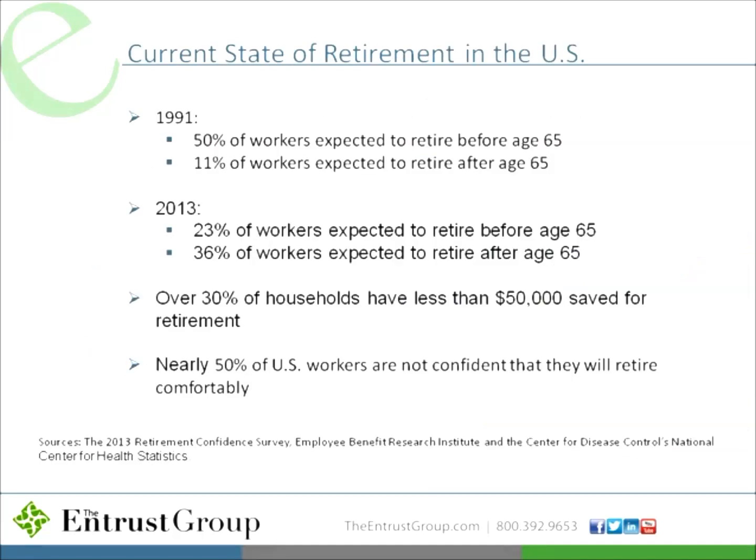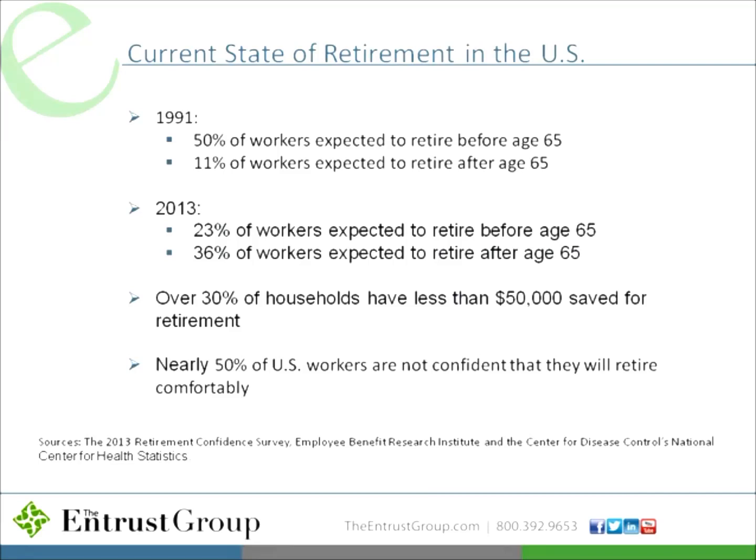Quick overview of the current state of U.S. retirement. This is something that we didn't really harp on very much in the past, but it's something that we've kind of built into our presentations because I think it's an interesting statistic, particularly the first two line items there, that in 1991, which was roughly 22 years ago, 50% of workers expected to retire before the age of 65. 11% expected to retire after the age of 65.